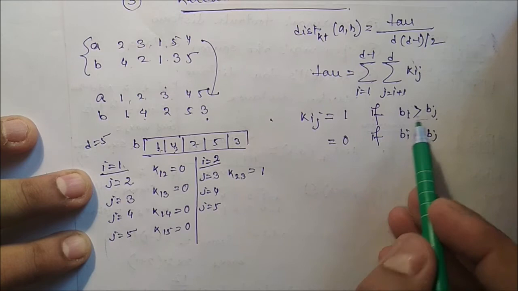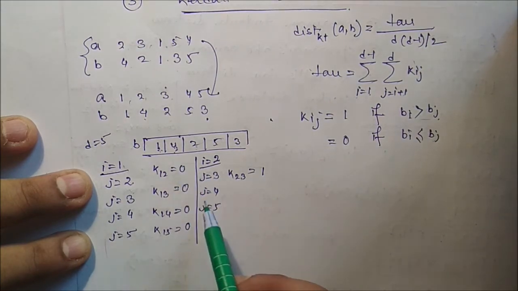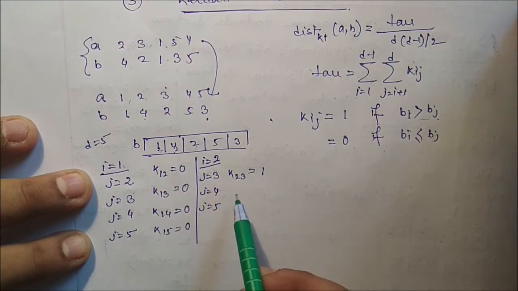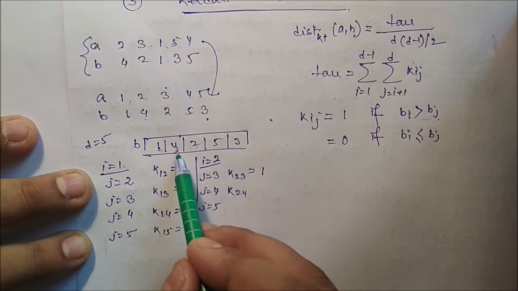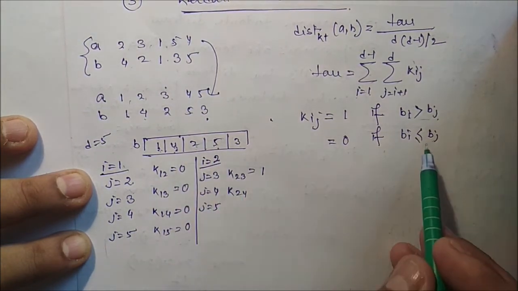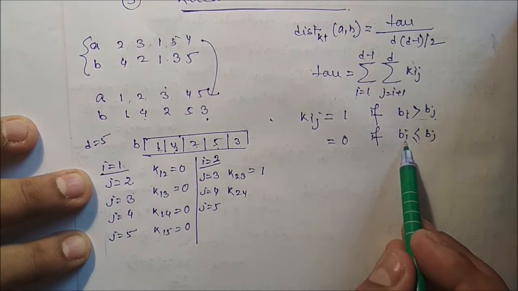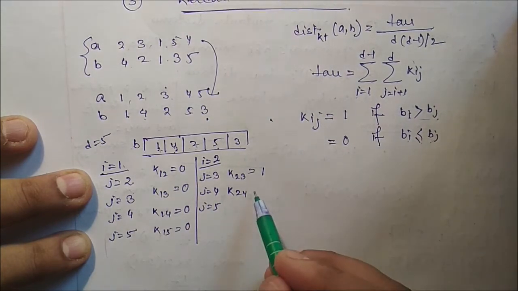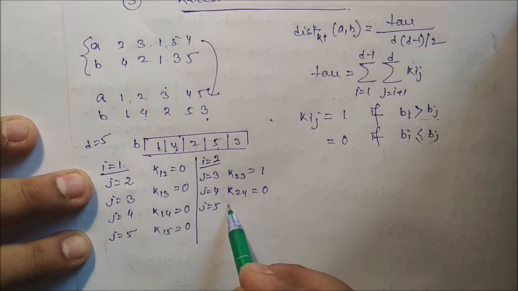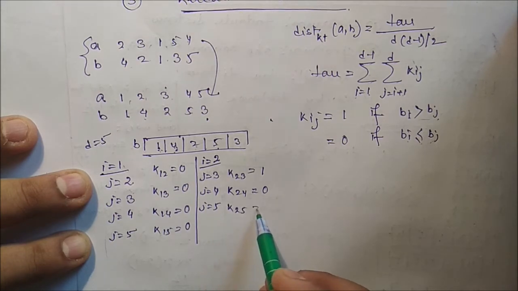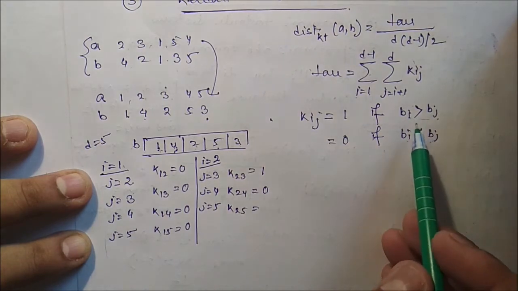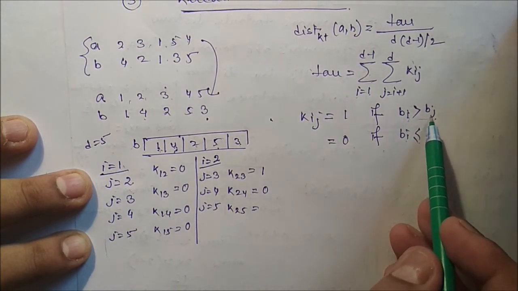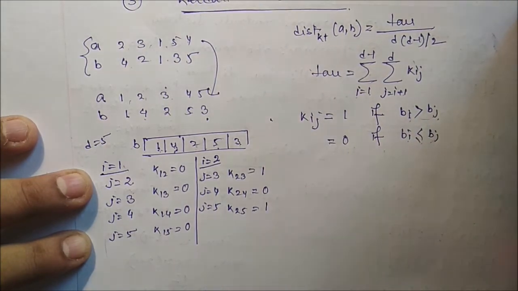K24, 2 and 4: B2 is less than or equal to B4, hence it is 0. Now 2 and 5: B2 is more than B5, hence it is 1.